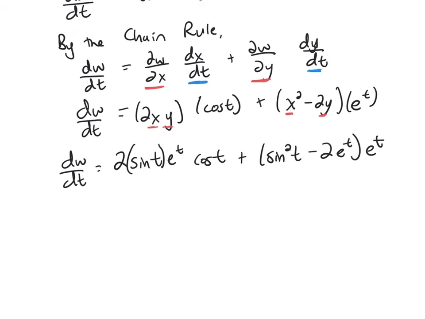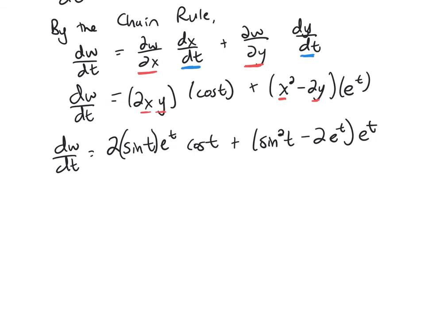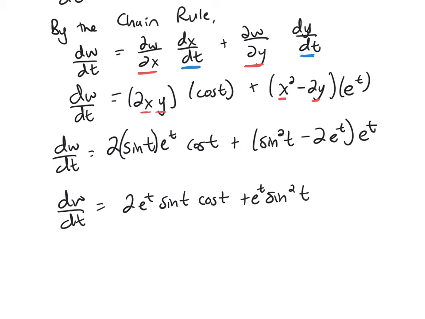And if you want to, you could go ahead and simplify this. It's not required, but I have 2 e to the t sine t cosine t plus sine squared t. We have an e to the t there that we distribute.